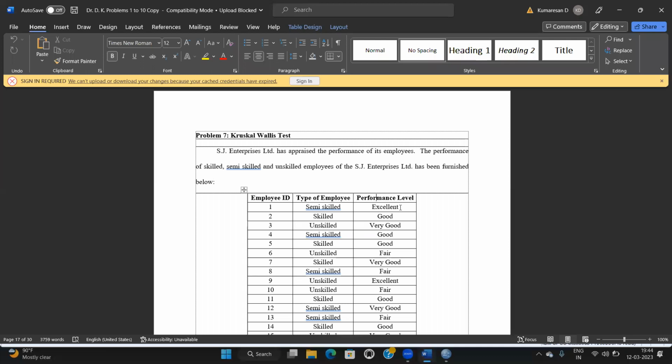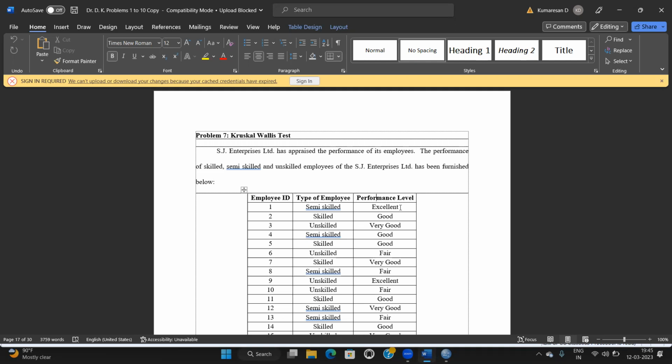Suppose you are assigning performance scores, then it is scale data. If performance grades are given, it is ordinal data. You can decide which test is to be applied for your study. If you are particular about applying the Kruskal-Wallis test, then you can structure your questionnaire using grades, using ordinal data. That's all. This is about the Kruskal-Wallis test.